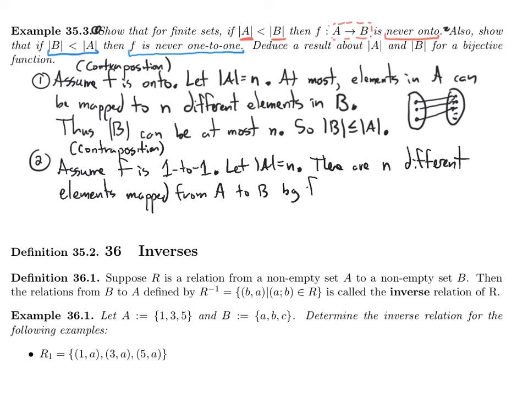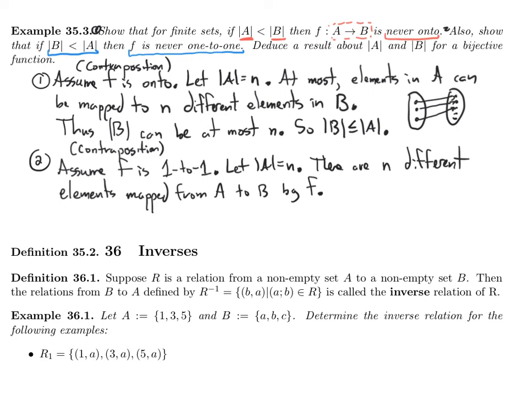by our function f. Now, there could be some elements in B that don't get mapped to by f. That's fine. The function doesn't have to be onto. We just say it's 1-to-1. You can kind of see that in this diagram here.